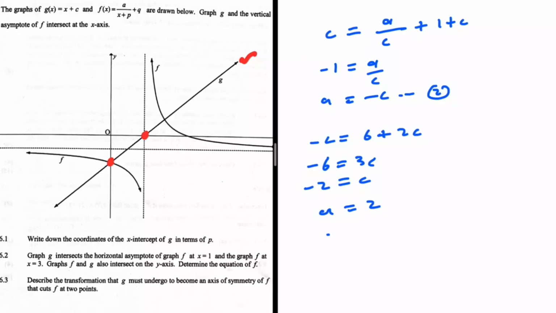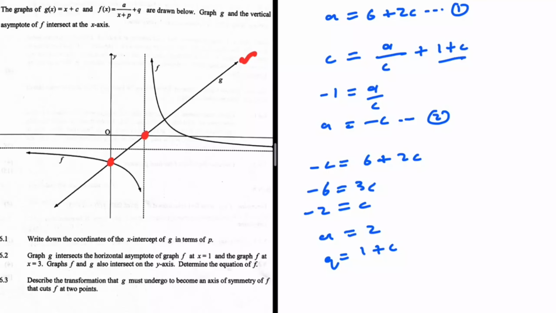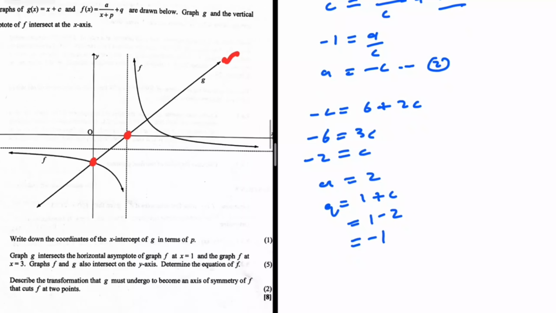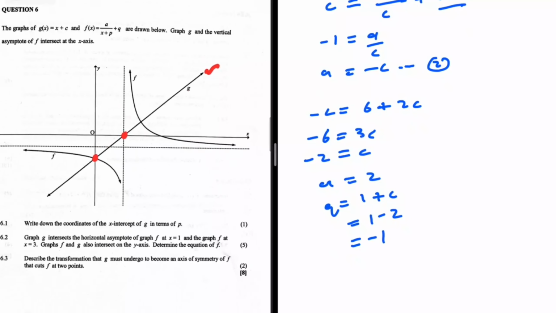So I have a, I have c. I know that q is equal to 1 plus c, as we can see there. So q will be equal to 1 plus minus 2. So are we saying that q is minus 1? Let's see if it makes sense. Q equals minus 1 makes sense.